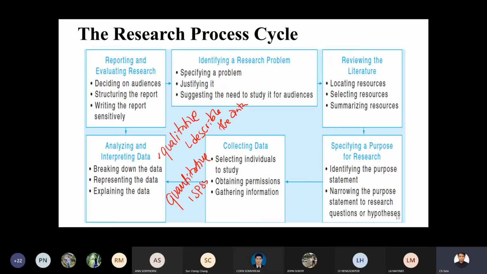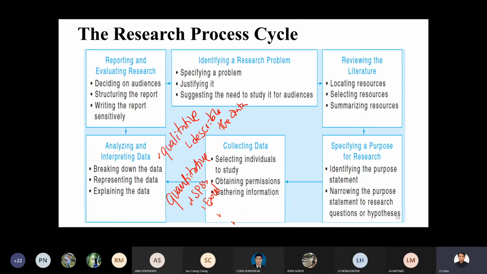Some people use SPSS. Some people use Excel. Excel also has some functions for you to analyze the data, and there are many more. But the most popular one is SPSS, right?